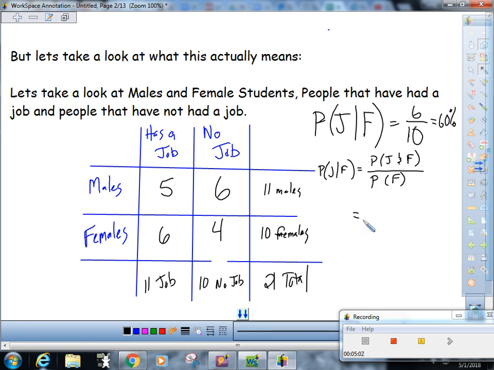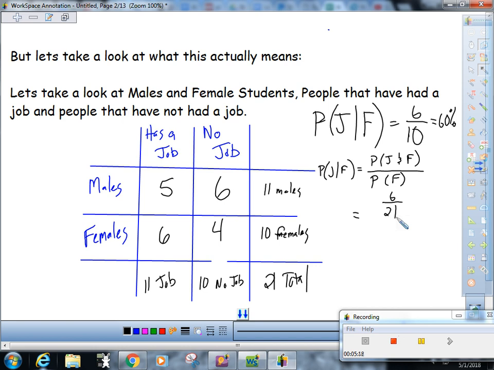Okay? Well, what's the likelihood that you have a job and are a female? Well, there are 6 females that have a job out of 21 total people.